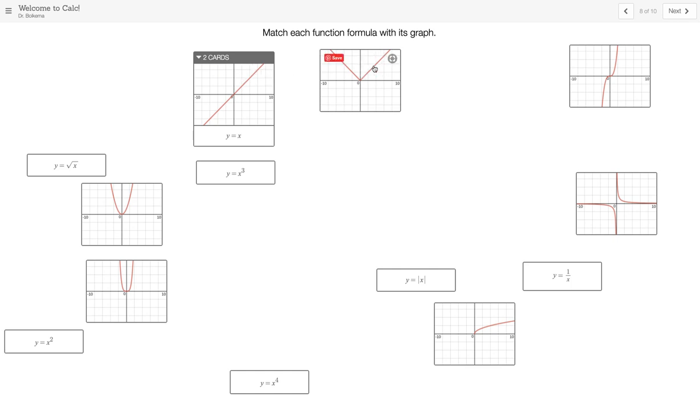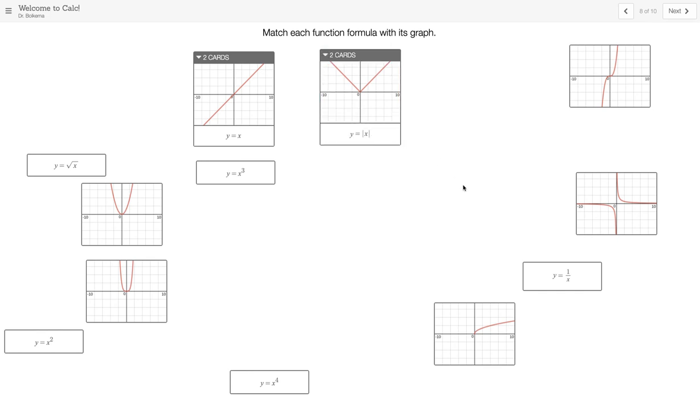That looks like the line y equals x. But on the other side, it looks like the line y equals negative x, right? It's decreasing, but it's the same change. Over 1, up 1, over 1, up 1. That's the absolute value function, right? If we plug in 1, we get 1 as an output. If we plug in negative 1, we also get positive 1 as an output.